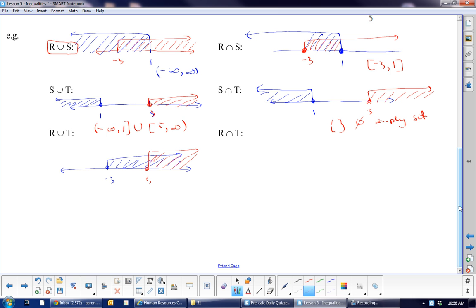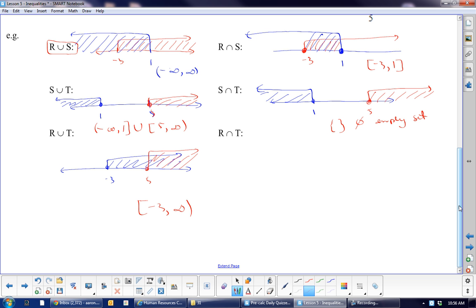What are all the points those two graphs represent? Yes, good. Negative 3, comma, infinity. Is this hard stuff? No, but it's nice to see it once so you get the gist.